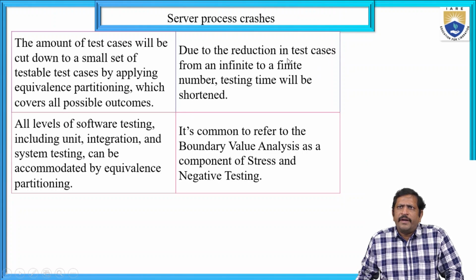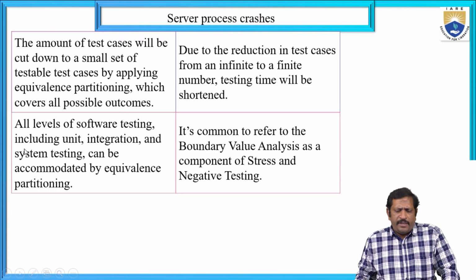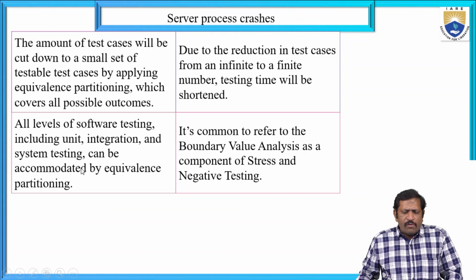Due to the reduction in test cases from infinite to a finite number, testing time will be shortened. All levels of software testing, including unit, integration and system testing, can be accommodated by equivalence partitioning.